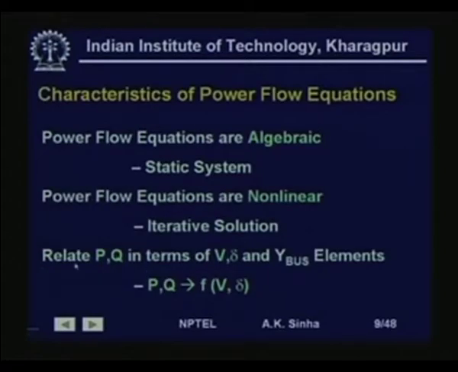So, we can see that the power flow equations relate P and Q, the real and reactive power injection at any bus, in terms of V and delta, that is the voltage magnitude and its phase angle, and the Y bus elements of the system. So, we can write P, Q as a function of V and delta, in terms of, of course, the system admittance matrix elements, which are going to remain constant.